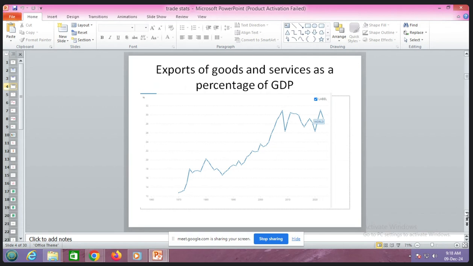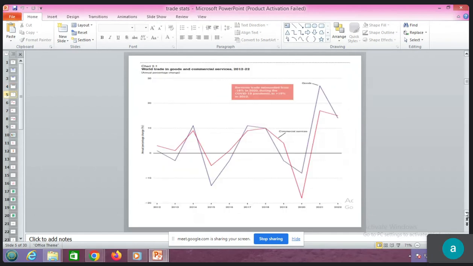It follows a similar trend to the previous graph. The previous graph was total trade, imports and exports. This is only exports.